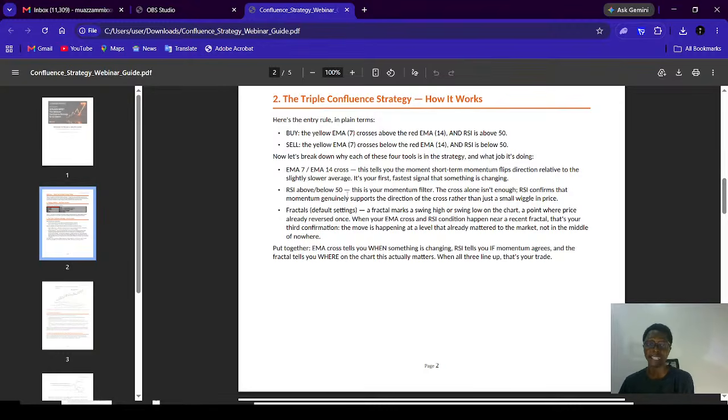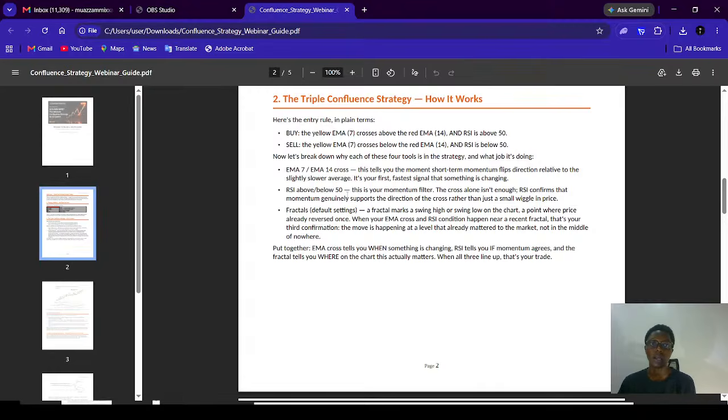As in the example that I gave you, the market is gonna go up, and so it is your first signal, the fastest signal. It is telling you that something is changing, and so now you're gonna put your eyes on the RSI and the fractal, because you have your first signal, and vice versa.